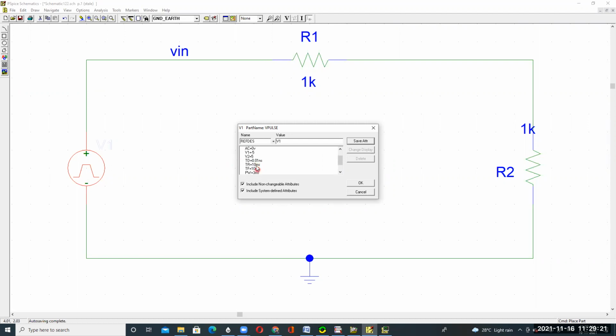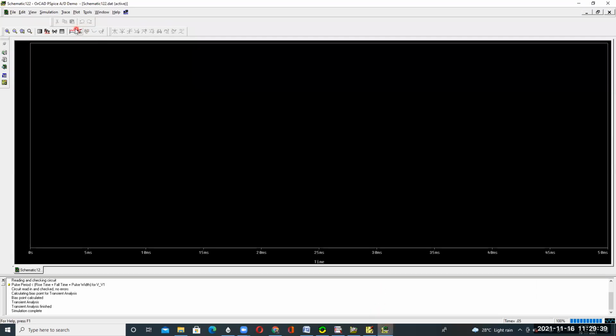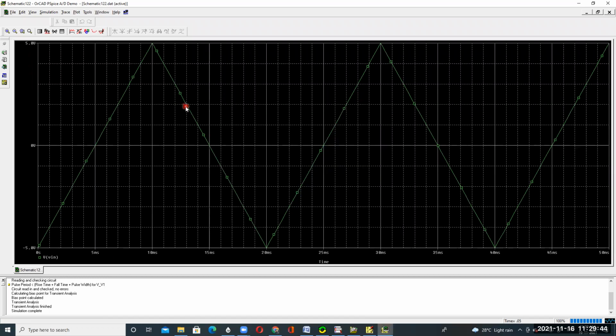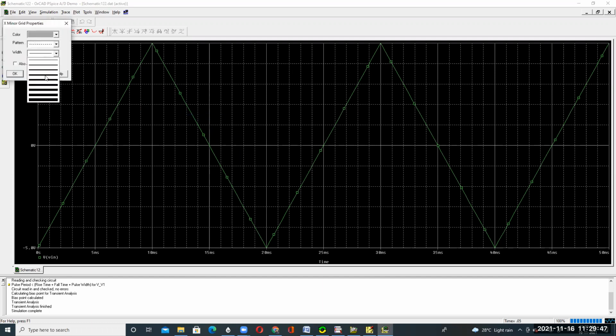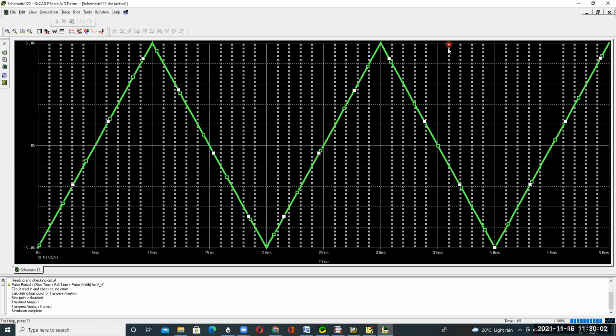By changing it back to 0.01 nanoseconds, you will get the exact waveform. For generation of a triangular waveform, the pulse width must be very small. So this is about the generation of a triangular waveform.